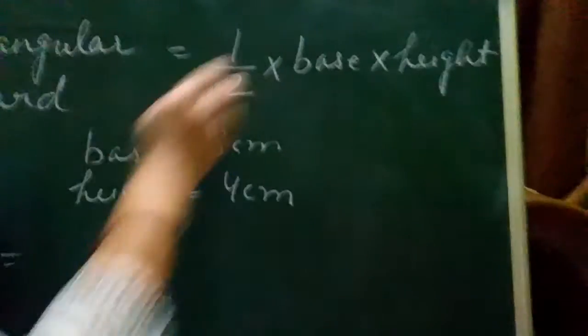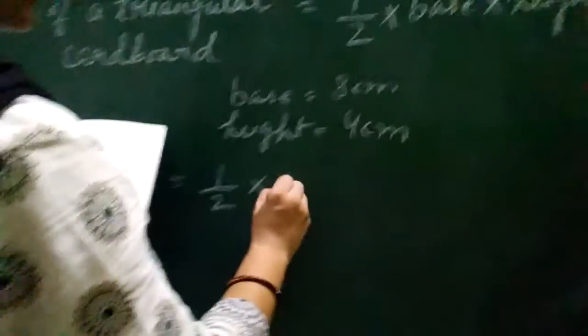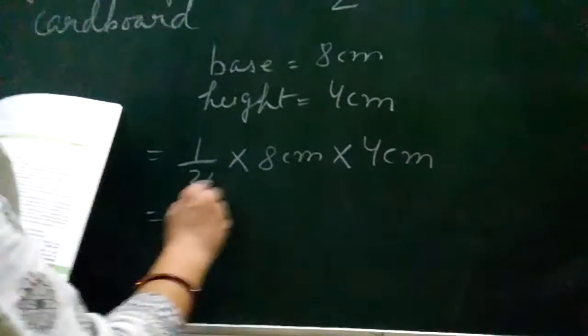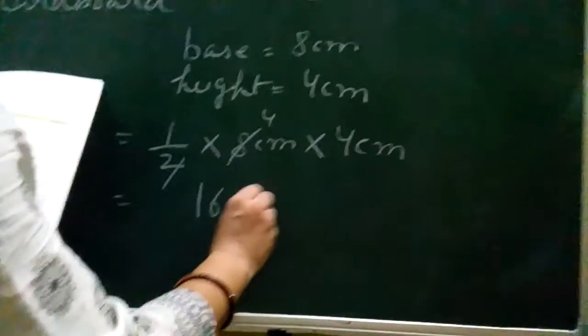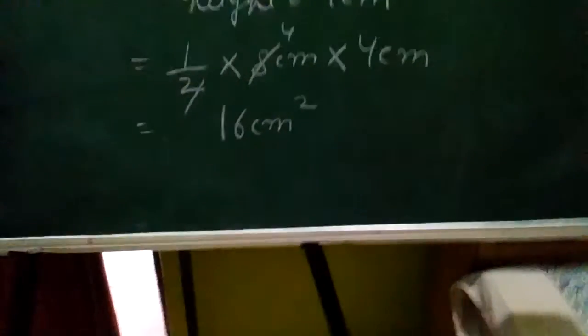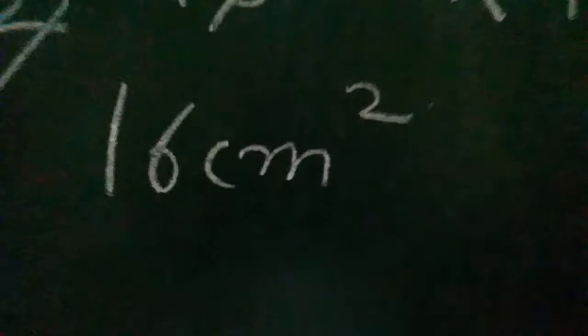Just put these values in the formula. Half into 8 centimeter into 4 centimeter. So here 2 4s are 8, 4 4s are 16 centimeter square. So the area of the triangular cardboard is 16 centimeter square.